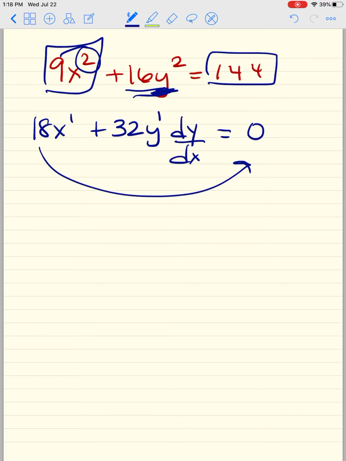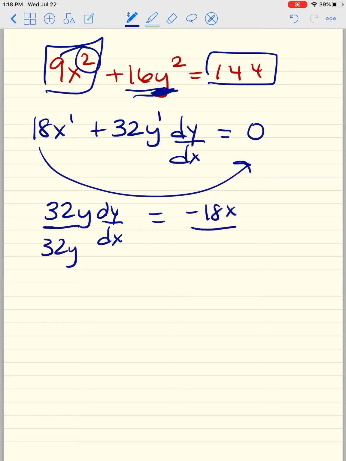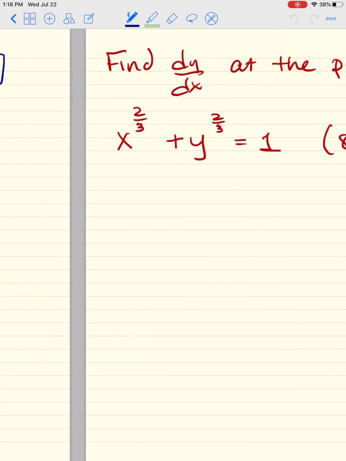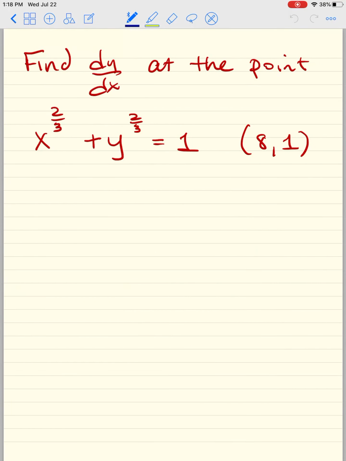And now we just bring this over to the side and then divide by 32y on both sides. And then you isolated it, and then you can reduce it, and you need to reduce it. And that's pretty much how you do this problem, okay? So just reduce this.